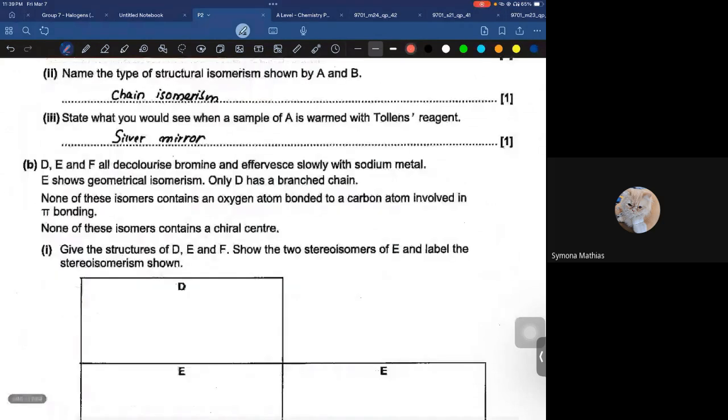D, E, and F all decolorize bromine, which means that they have an alkene, a carbon-carbon double bond. That's why they decolorize bromine. And they effervesce slowly with sodium metal. Sodium is going to react with alcohol and also with carboxylic acid.